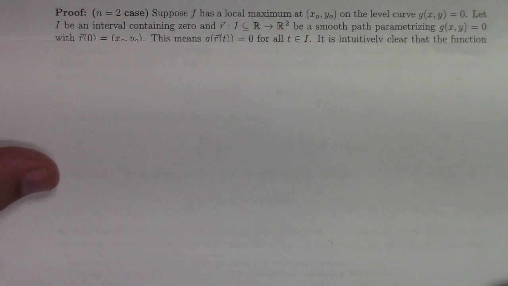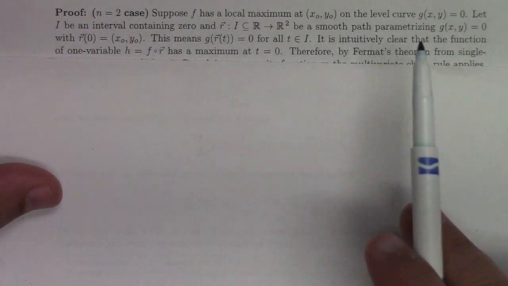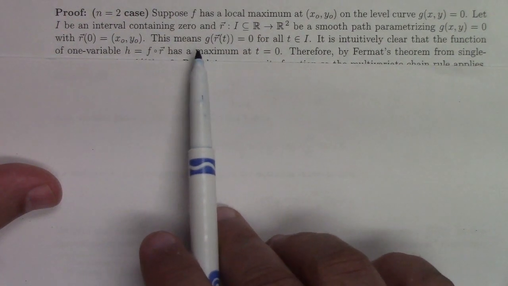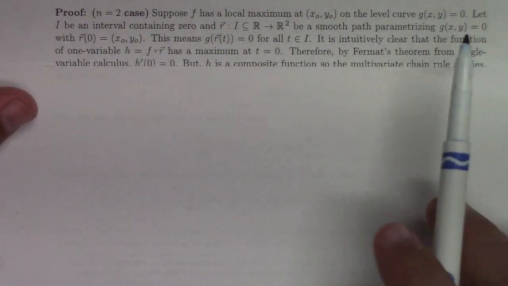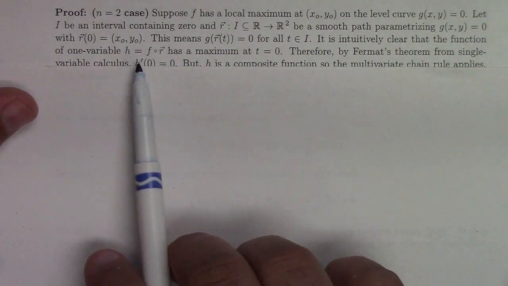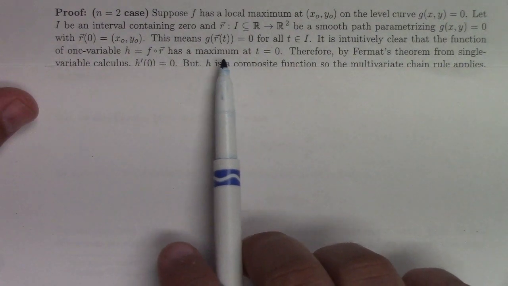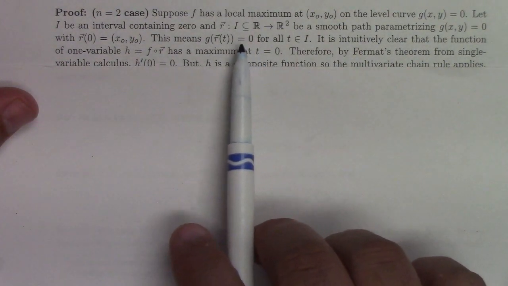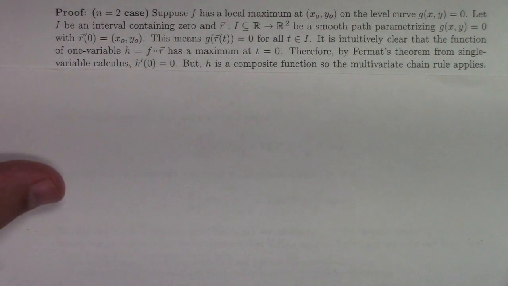Then we can let I be an interval containing 0 which parameterizes the curve, so g of r of t is equal to 0. If h is f composed with r, then it should have a maximum at t equals 0, because we've made t equals 0 where the given point is.